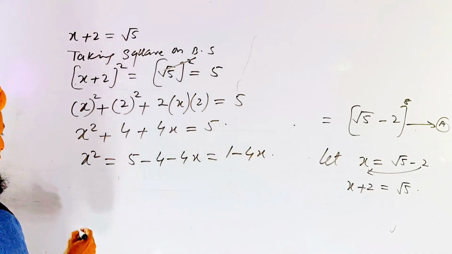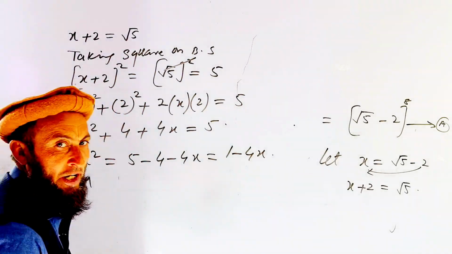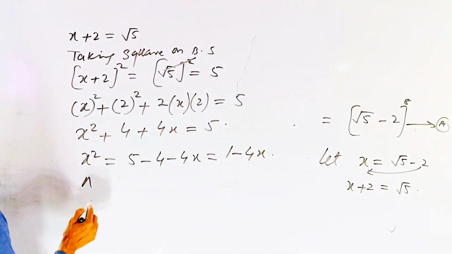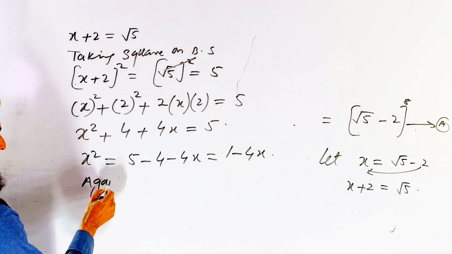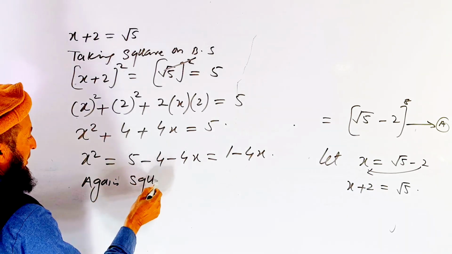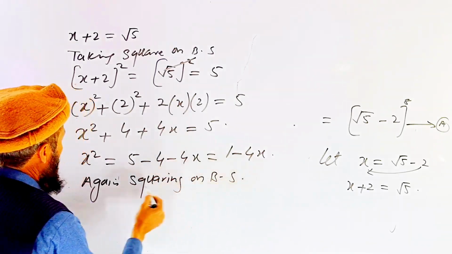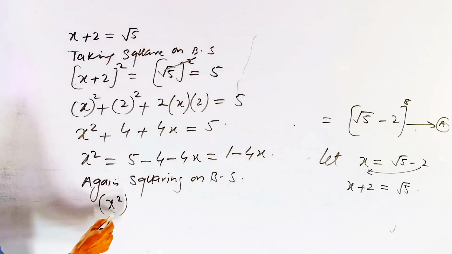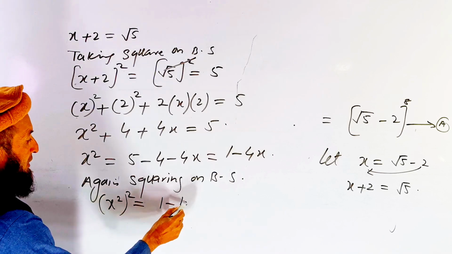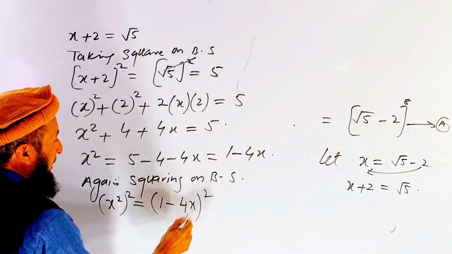Again squaring on both sides because we need 8 exponent 8. So again squaring on both sides of this equation. So x square whole square is equal to 1 minus 4x whole square.